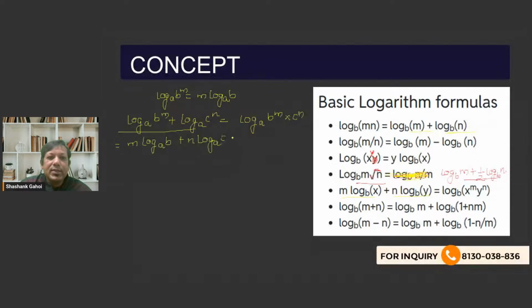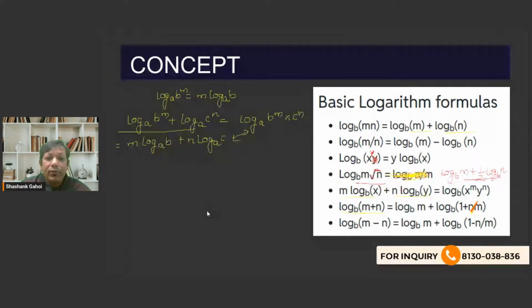So basically this is equal to this. Both values are always going to be equal, right? Now I have log base b of m upon n, so it should be m upon n, not m into n.